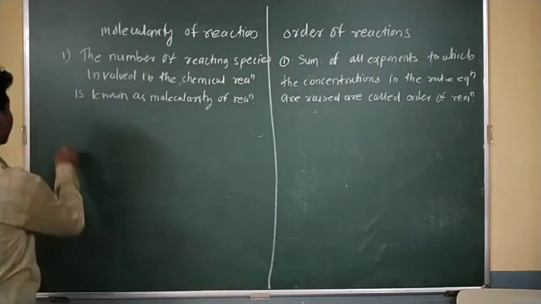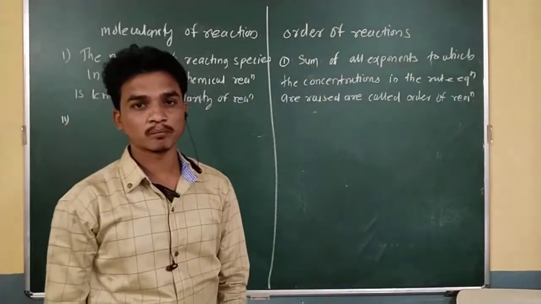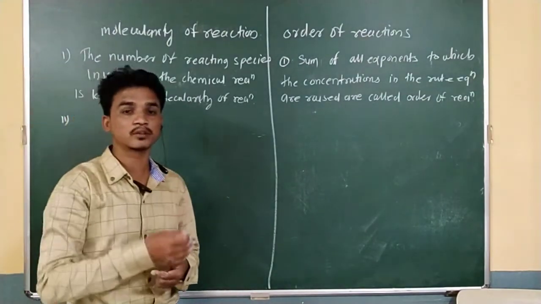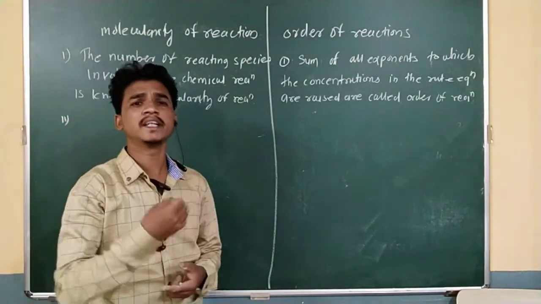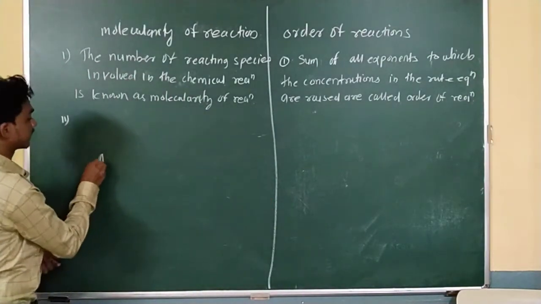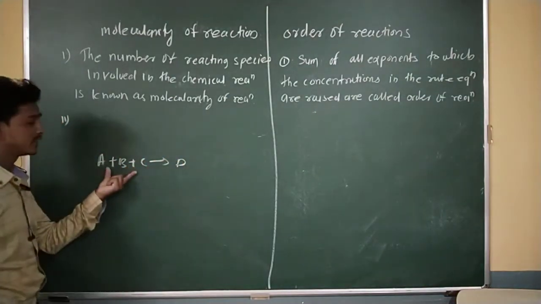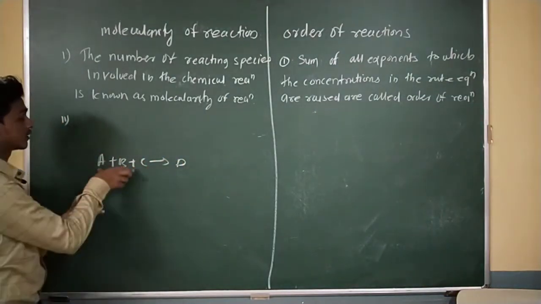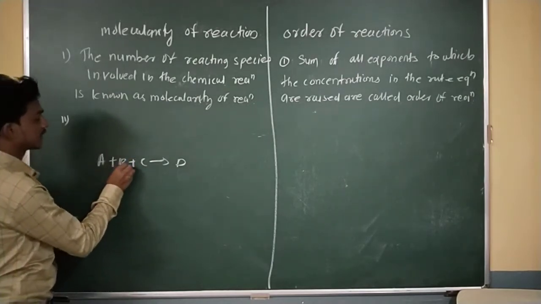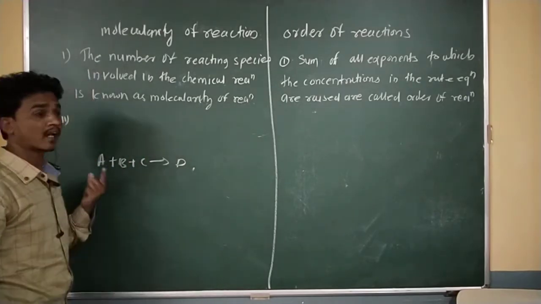The second difference is that molecularity is a theoretical property. If any chemical reaction is shown in your notebook or in any reference book, say A plus B plus C gives product D, you can theoretically say the molecularity of this reaction is 3, so it is a trimolecular reaction.